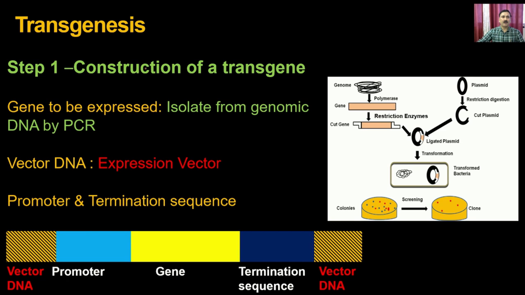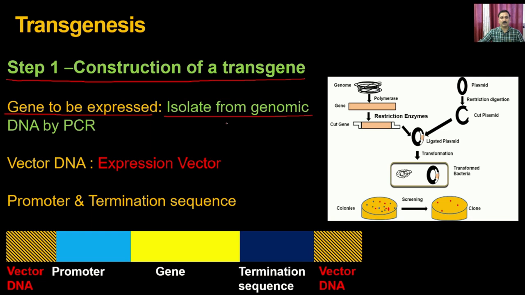So in step one, you are going to do the construction of a transgene. The transgene is going to have multiple components. The first component is that you have to isolate the gene of your interest, the foreign gene which you are going to express.